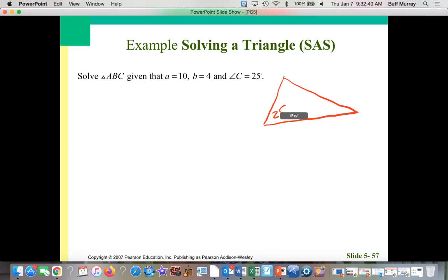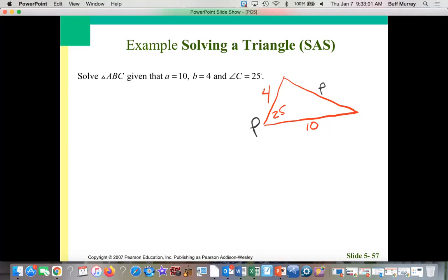A and B are 4 and 10. So for me, I'm going to say this is big P, this is little p. That's my angle side pair. If I know an angle, the side opposite is the one I'm going to call little p. You want to call it big C and little c, go right ahead, not a problem.